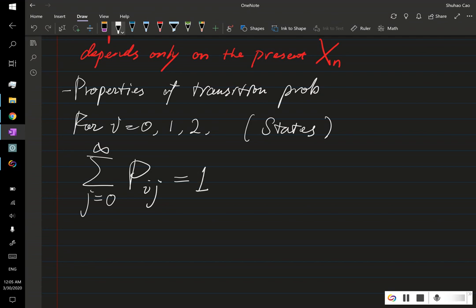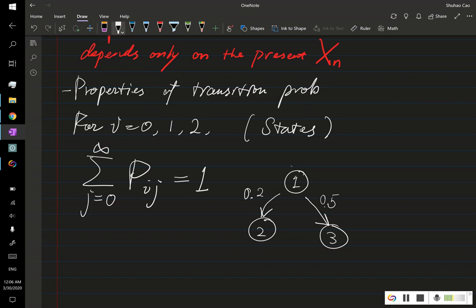Okay. So let's use a very simple example. For example, if we have 1, 2, 3 states, let's assume I is 1. So it's possible that from state 1 we change to state 2. Let's say this probability is 0.2. It's possible from state 1 it changes to state 3 next time, and let's say the probability is 0.5.